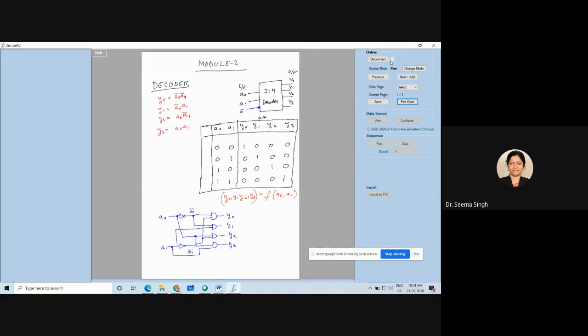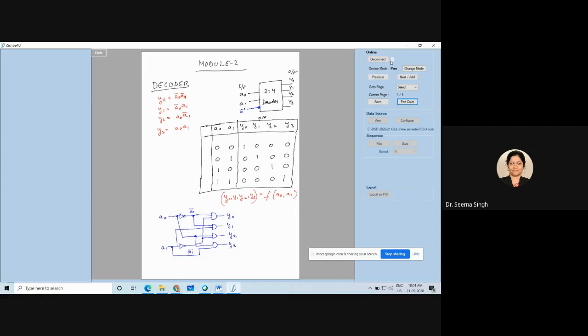There is a way of showing the active low input. We generally show it in the block diagram with this bubble, and we also show it like this, E bar. E bar shows that it is an active low input.